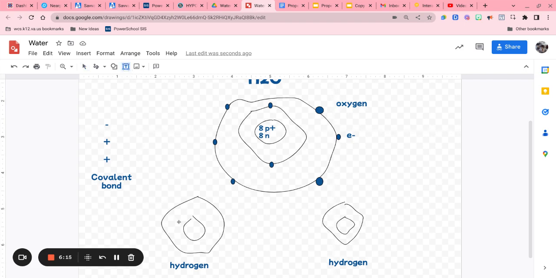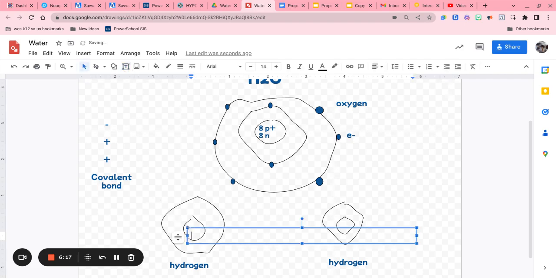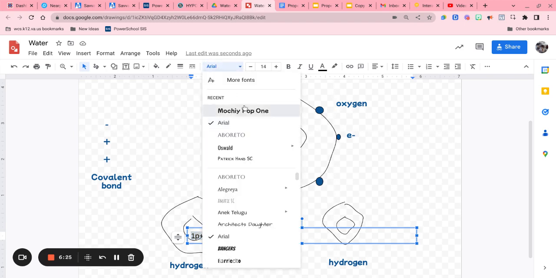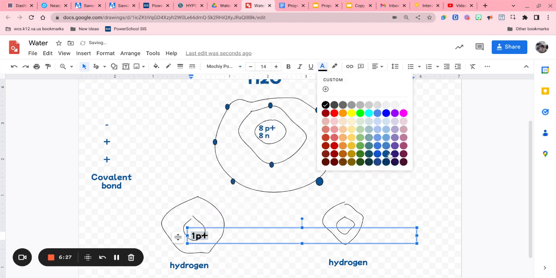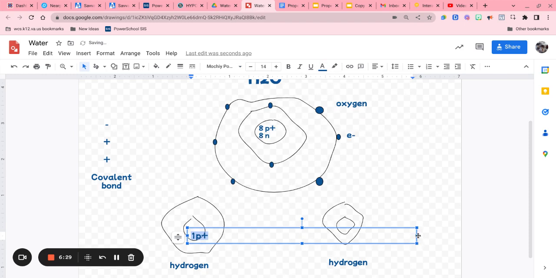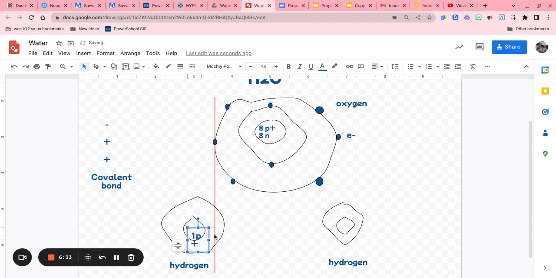So that 1 proton is going to go here in this nucleus.